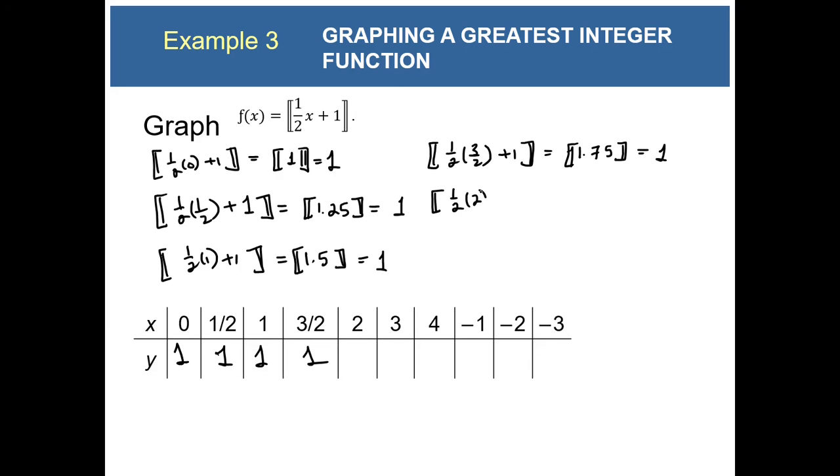Let's plug in a 2. 1/2 times 2 plus 1. 1/2 times 2 is 1. 1 plus 1 gives us 2, and the greatest integer is 2.